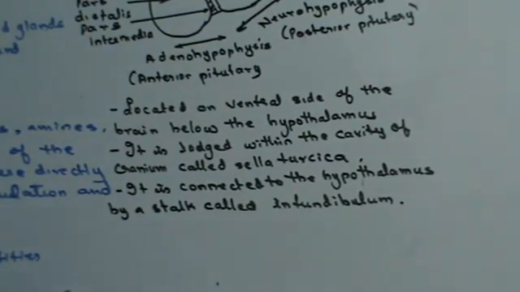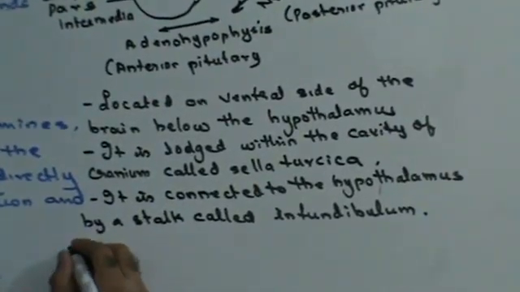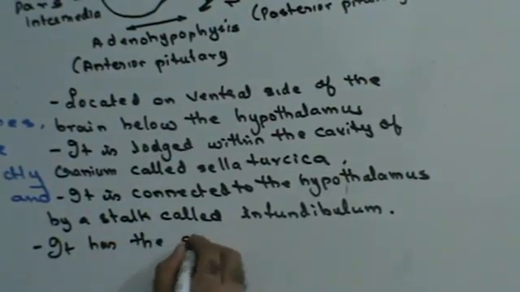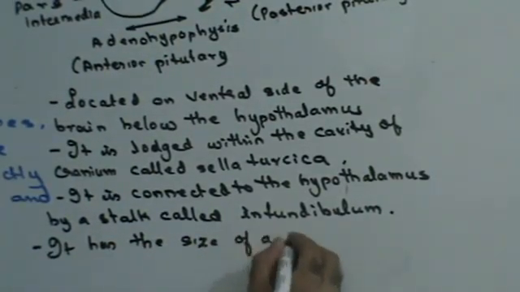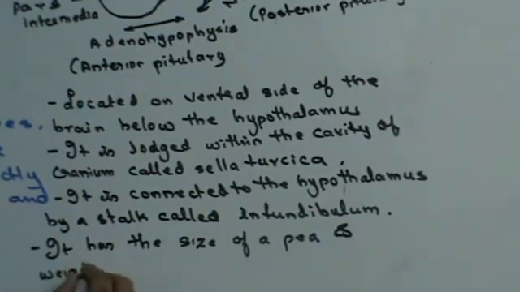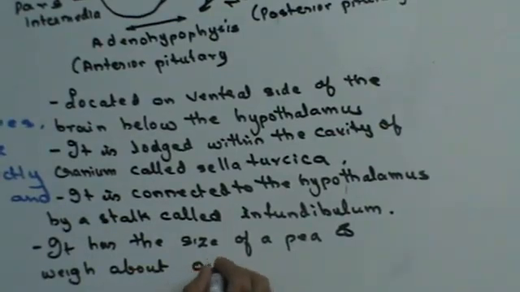Now it has the size of a pea, right, and weighs about 0.6 grams. Fine. The pituitary gland has got two distinct lobes, as you can see from the diagram.